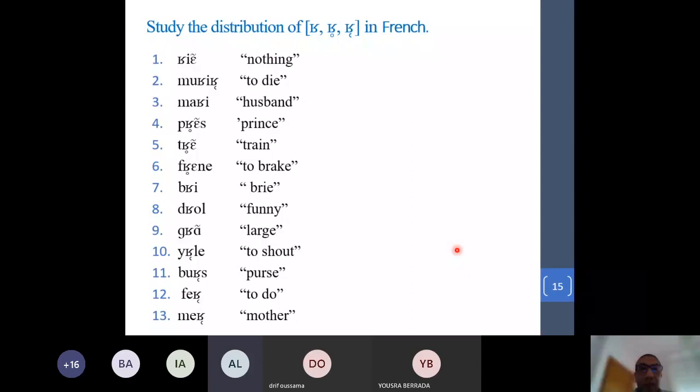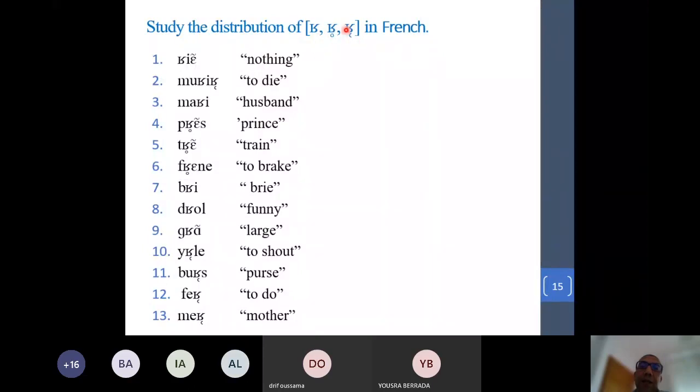All right. Now here is another data set from French, and here we need to look at the distribution of three uvular sounds: the voiced uvular fricative, the devoiced uvular fricative, and the approximant.